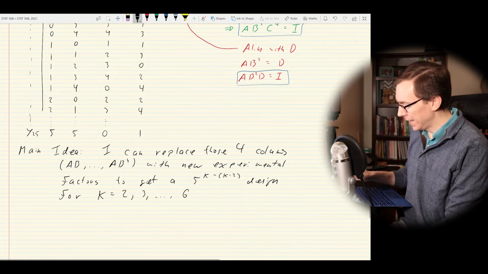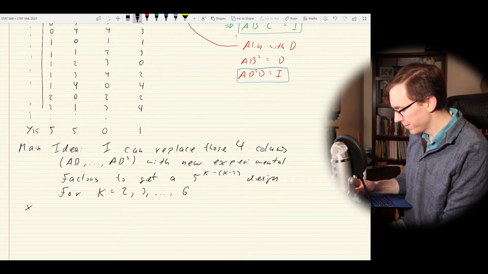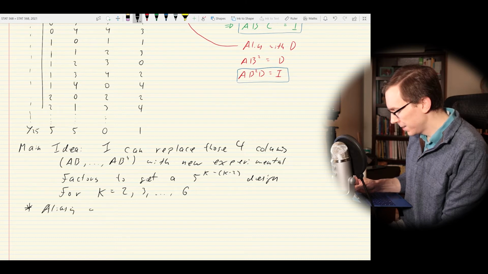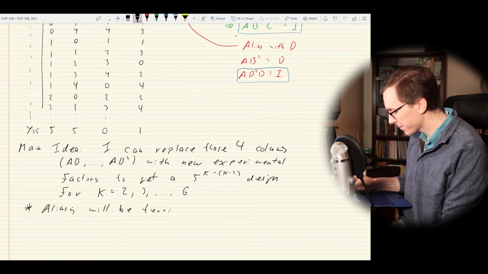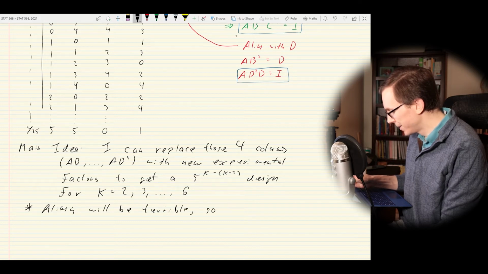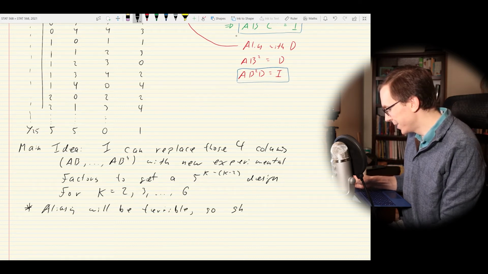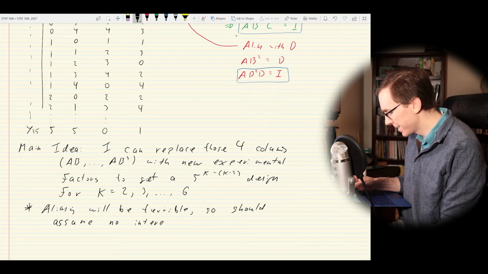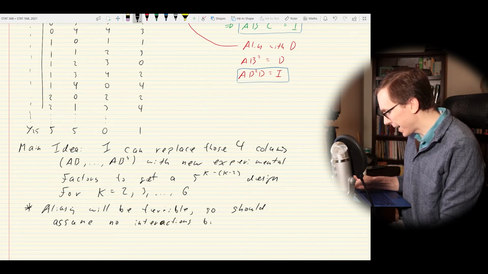A key thing to note is that the aliasing will be terrible. So we should assume no interactions between factors.